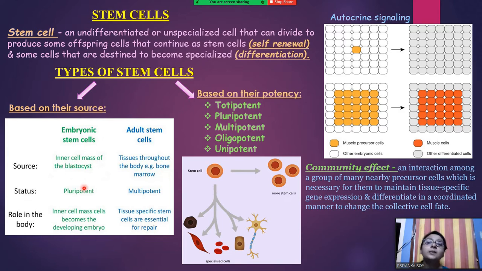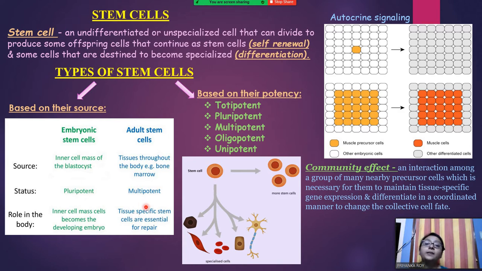Embryonic stem cells, like I told you during potency, are pluripotent, but adult stem cells are multipotent. So the potency has decreased, and the cell fates are restricted much more in adult stem cells. The inner cell mass can become any cell type of the embryo, therefore it is pluripotent.